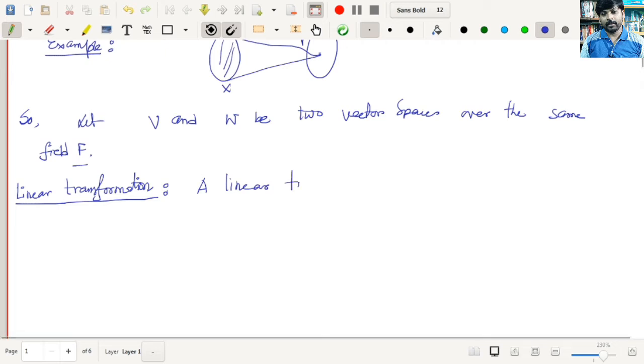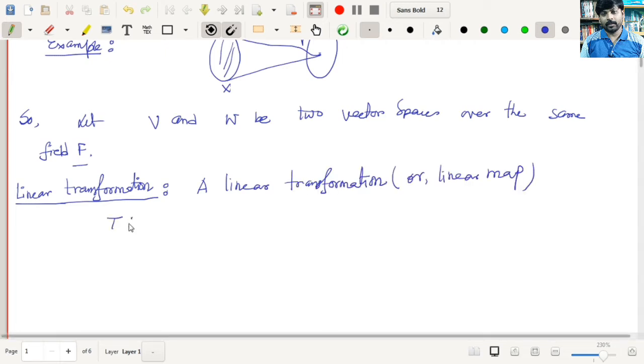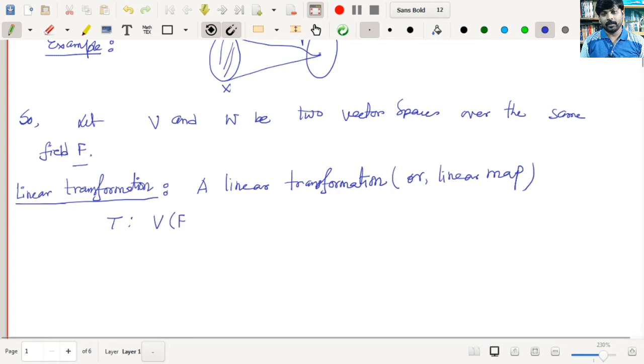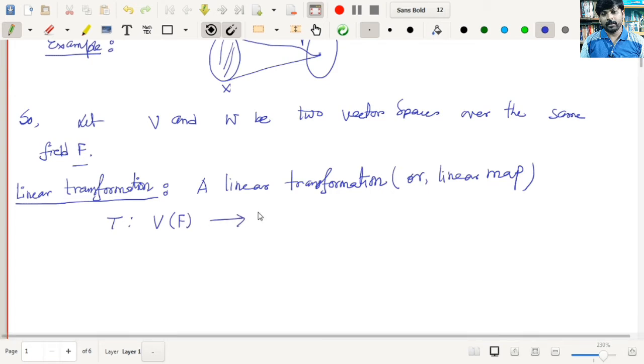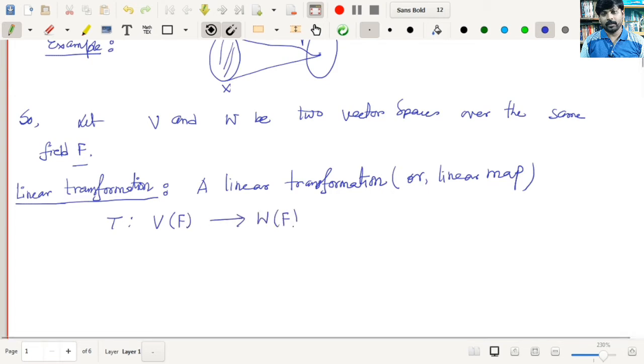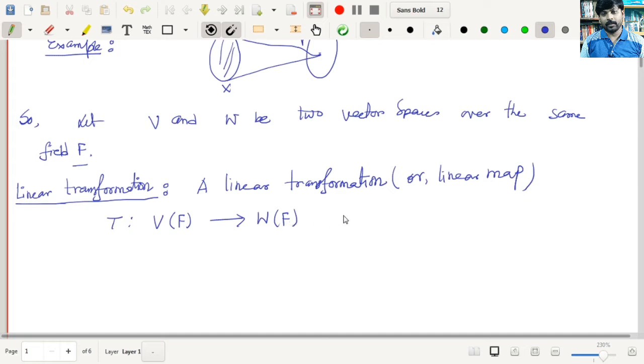A linear transformation T from a vector space V over the field F to another vector space W over the same field F is a map which satisfies the following properties.